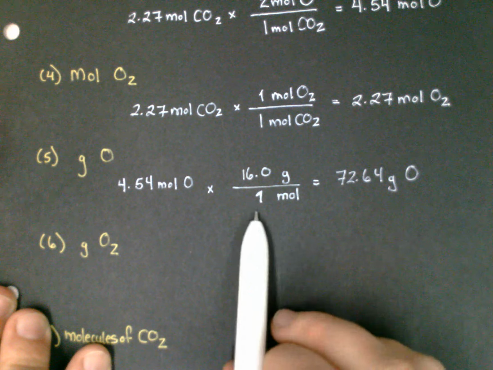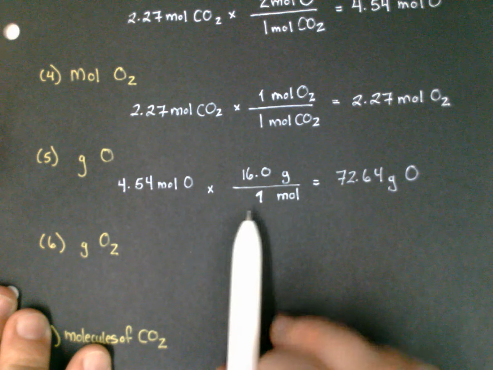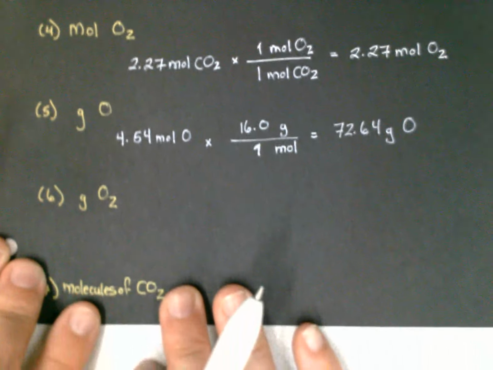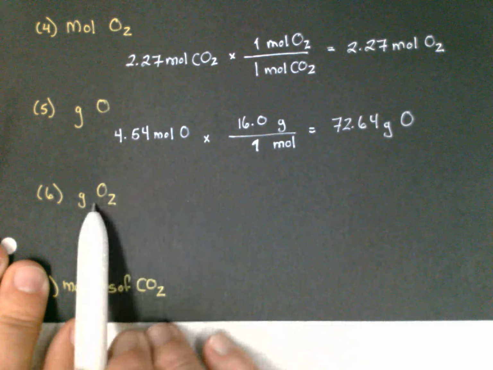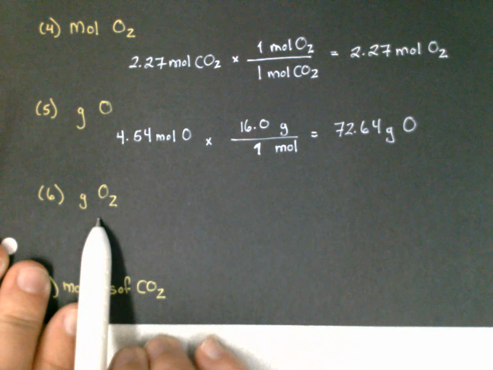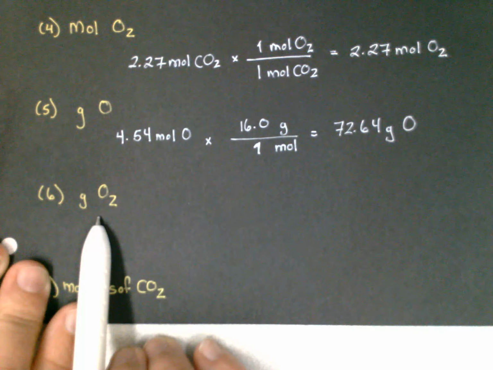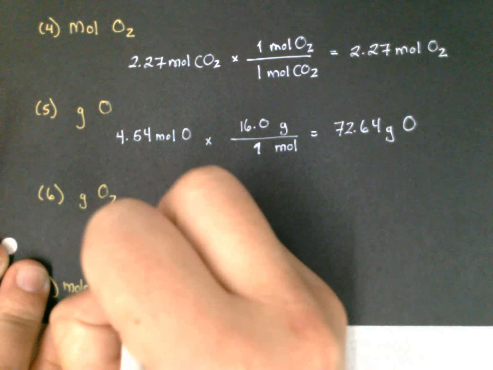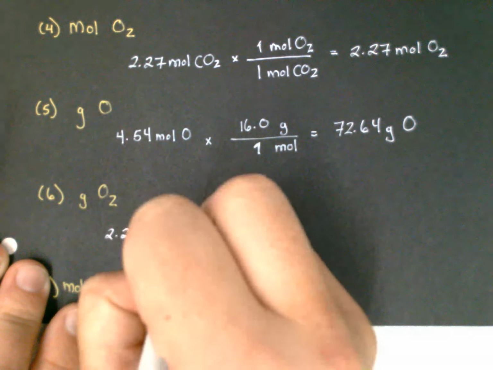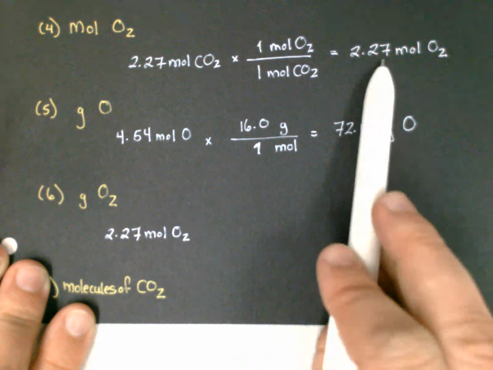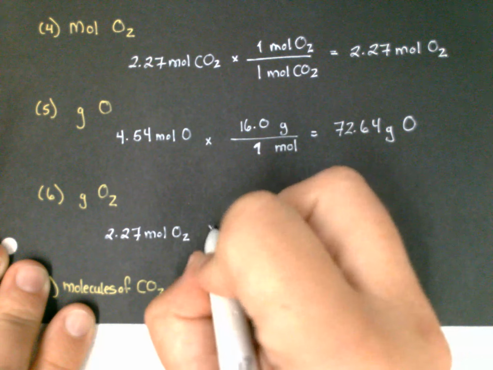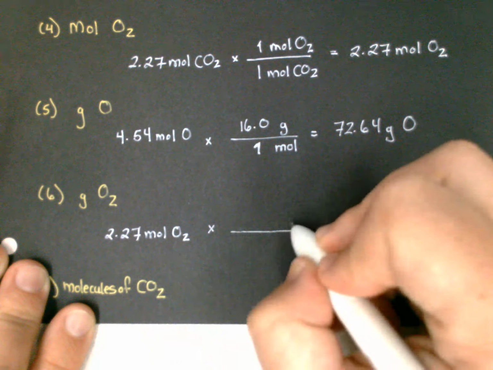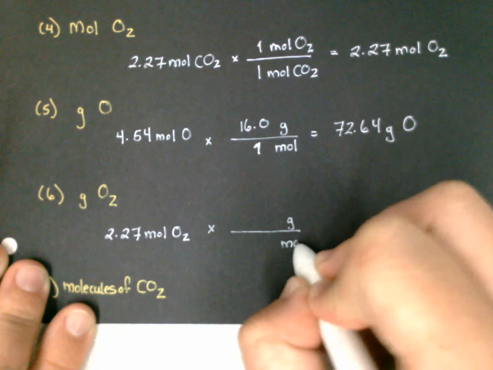Okay, so we're just using molecular weights and atomic weights to go back and forth. Let's move on and look at the grams of O2 in our system. We can do this in a couple different ways. Let's start with the fact that we have 2.27 moles of O2. We found that above, right up here. And we've got to multiply by something in terms of grams per mole.